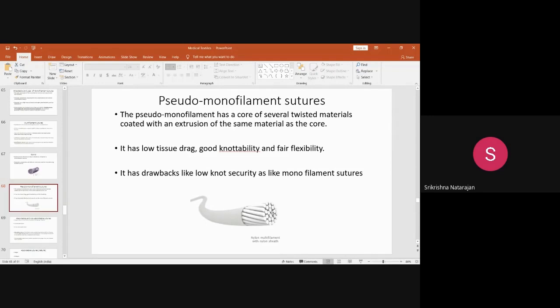The core material contains several twisted materials, which are the filaments. These are coated with an extrusion of the same material as the core. The same material is used, that is why it is called pseudo, which means false monofilament.